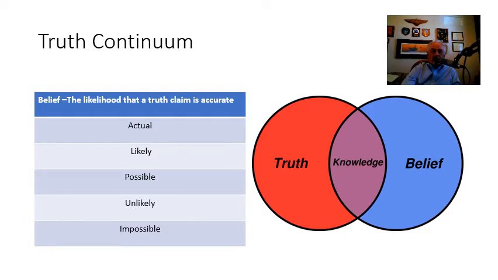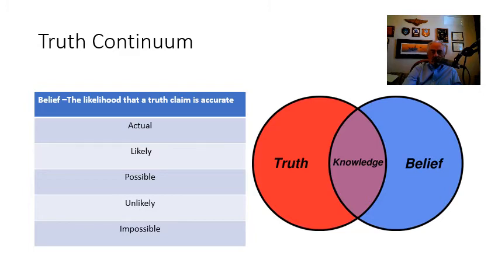Okay, again, our belief that this is in fact true or not true is based upon what we call the truth continuum. We talked about this previously. The truth continuum contains things like it actually is true, or it's likely to be true, it's possible, unlikely, or it is impossible for that to be true.